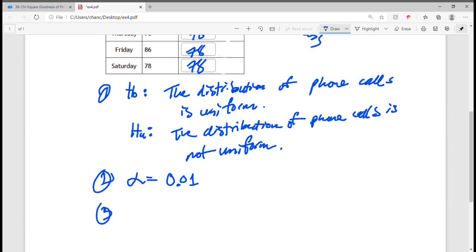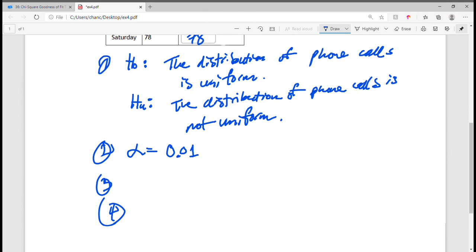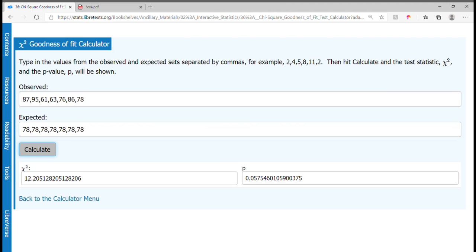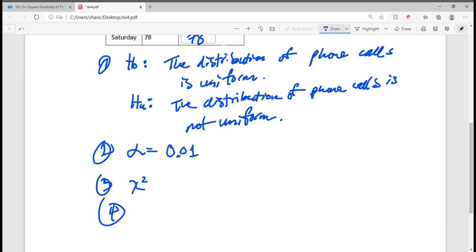In step 3 and 4, we'll have to go to our statistics calculator for that question. We'll go to the goodness of fit calculator and enter the observed counts and the expected counts. Then click calculate. Here is our chi-squared statistic, and here is our p-value. So we'll write our chi-squared statistic.